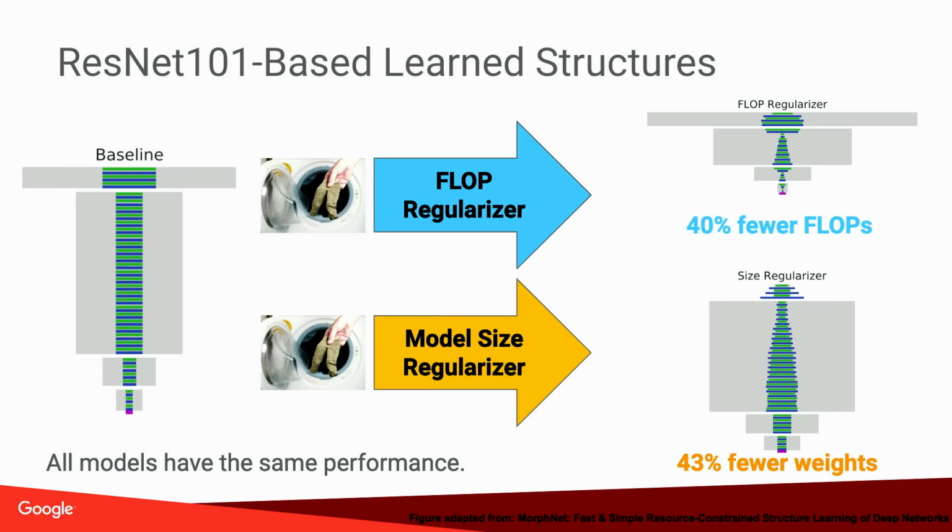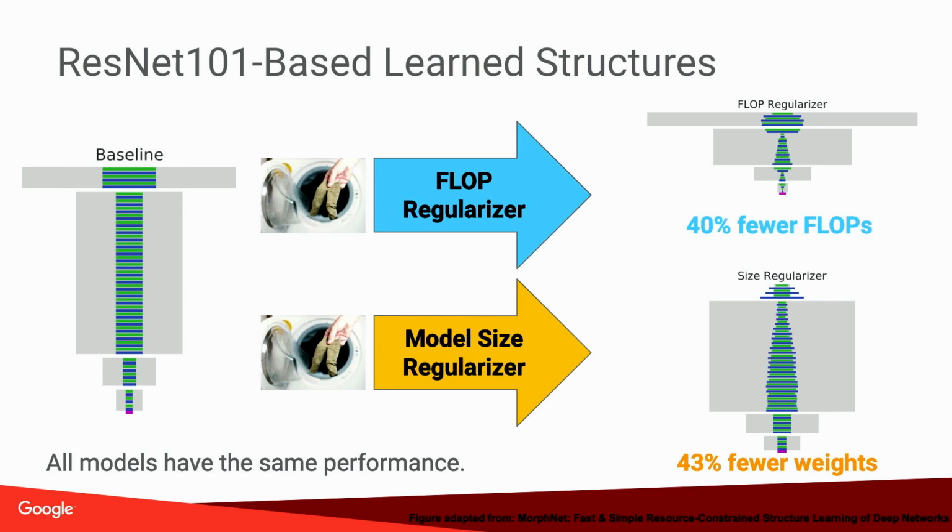It's based on the ResNet 101 model, but it has fewer layers, and the layers have all kinds of weird sizes. The widths of these colors represent the layer size. The details don't matter that much for now. The point is that for the same accuracy, it has 40% fewer flops. But maybe flops is not what you actually care about that much. For some reason, you care about the model size. Maybe you want to ship it to phones or to data centers or whatever, and you care about the number of parameters.